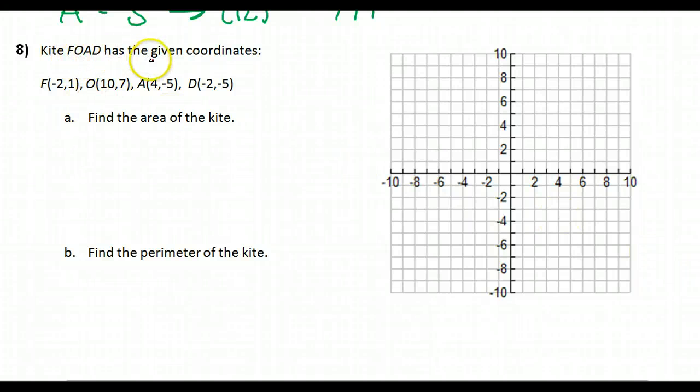Kite FOAD has these vertices. Okay, -2, 1. That's F. 10, 7.